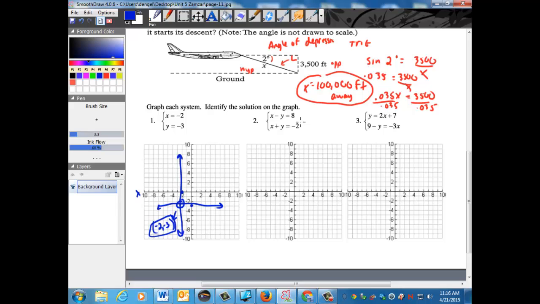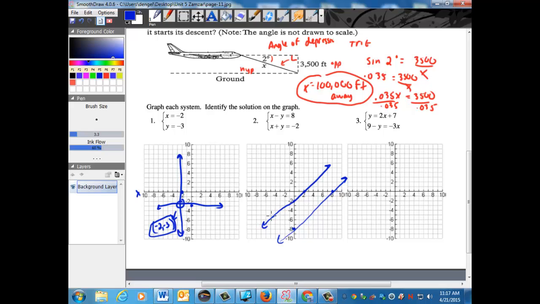We can graph this using x and y intercepts, but we may not find the point of intersection. But let's go ahead and try it. X is going to be 8, and then y is going to be -8. And so there's one line. And then on this graph, we have x is going to be 2 and y is going to be -2.